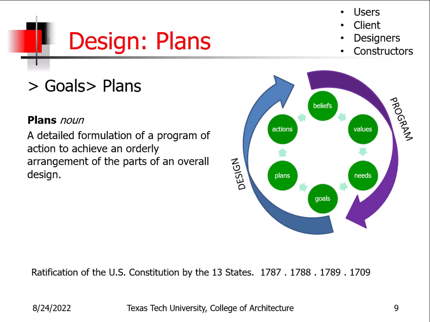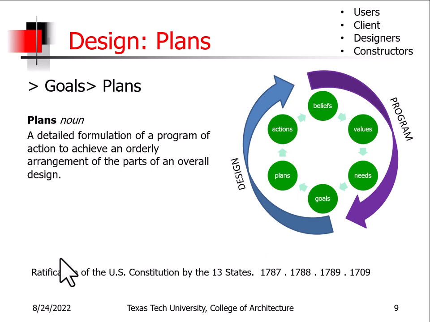And then we established a plan, a way in which to get that government. And what is a plan? A plan is a detailed formulation of a program of action to achieve an orderly arrangement of the parts of an overall design. So I'm not talking about a floor plan. What I'm talking about is the bigger picture, a plan to achieve an orderly arrangement of the parts of an overall design, in our case, in architecture.